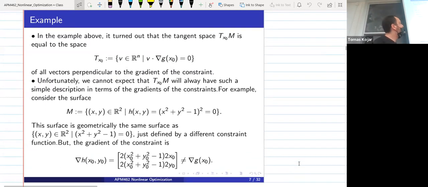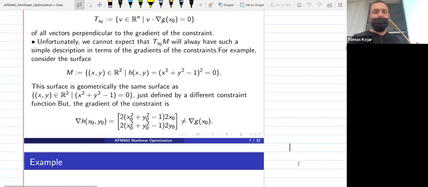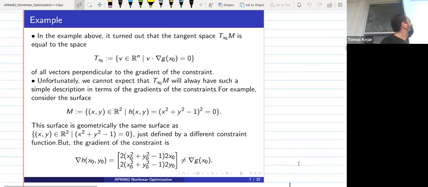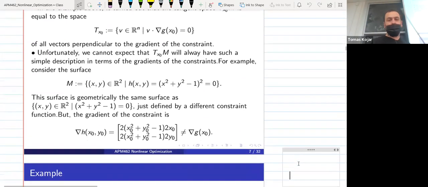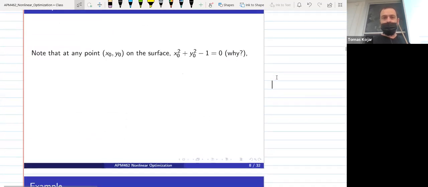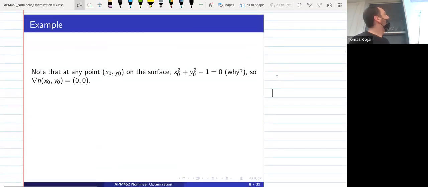These two are no longer equal. And in fact, if you plug in the constraint, you get that the gradient is exactly 0. So you get no information because every vector dotted with 0 is 0, right?